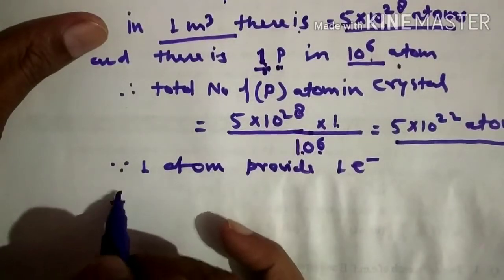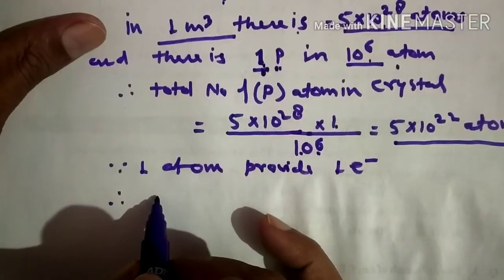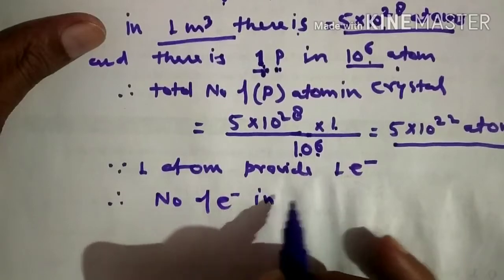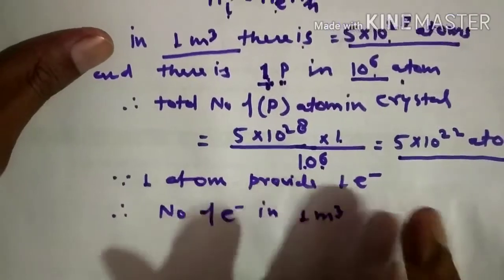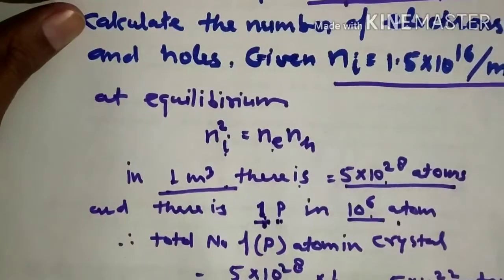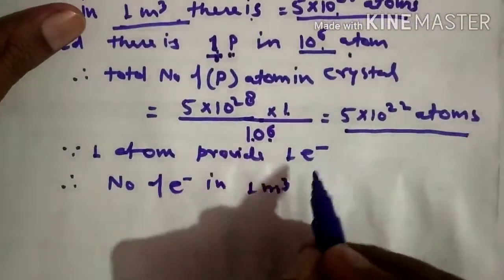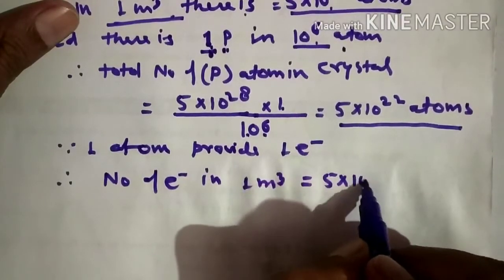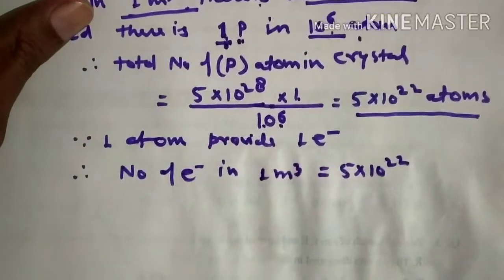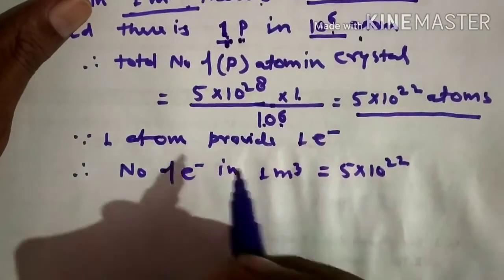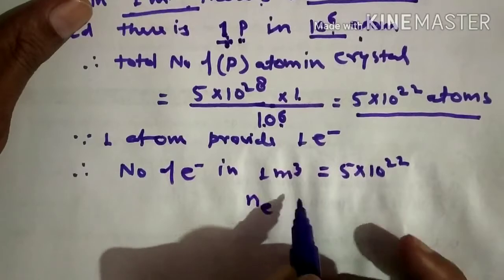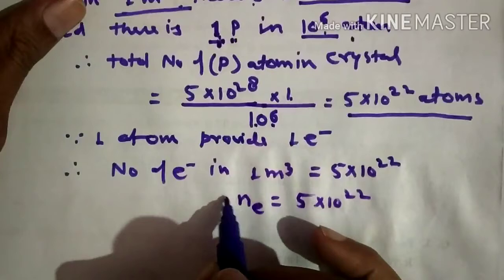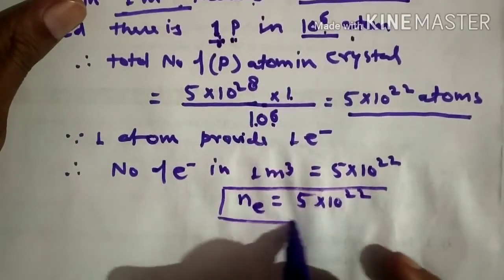So the number of electrons in 1 meter cube, because the crystal volume was 1 meter cube, will be 5 into 10 to the power 22 electrons. And the number of electrons in 1 meter cube is known as the number density of electrons, which you have got as 5 into 10 to the power 22.